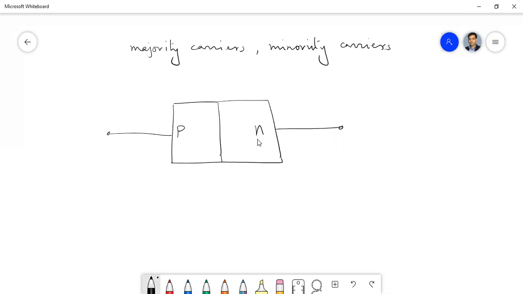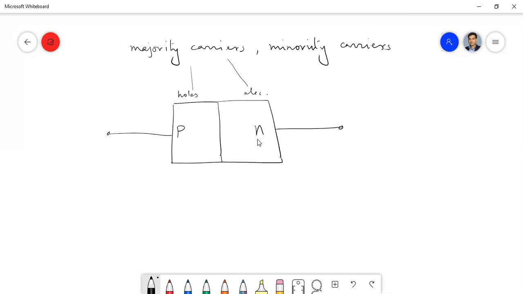What is the majority carrier for this P type substrate, and what is the majority carrier for the N type substrate? Here the majority carriers are holes, and here electrons. So these are the majority carriers.